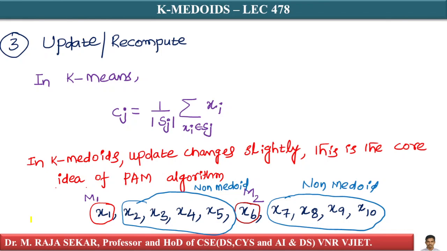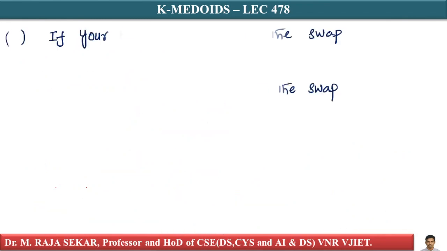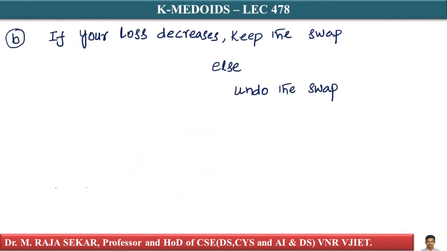That's what I mean by swap. Swap the medoid point with a non-medoid point. Now, when you swap it, what you have to check for is whether your loss decreases after swapping. That's important. What do you have to do after swapping?